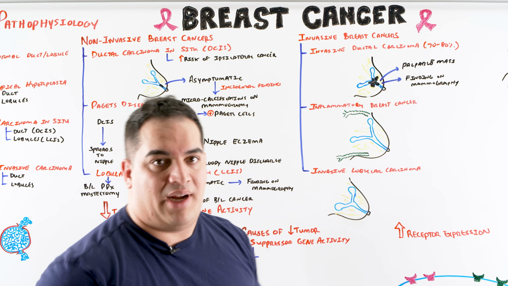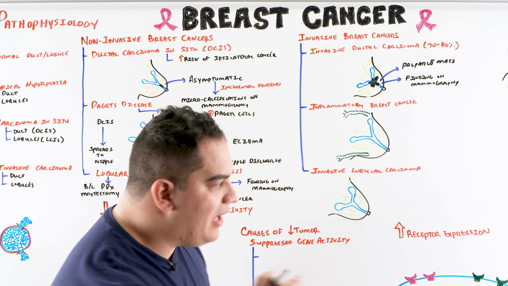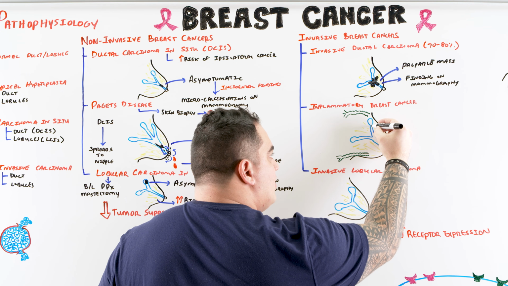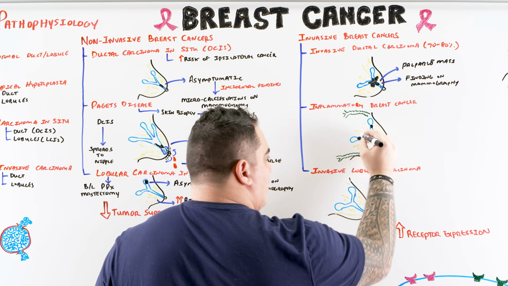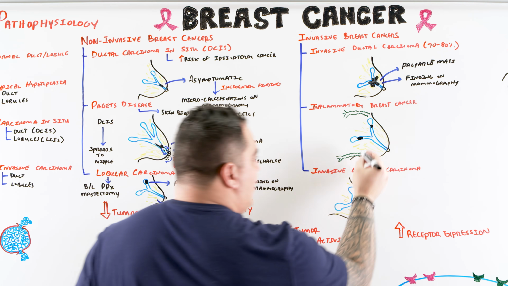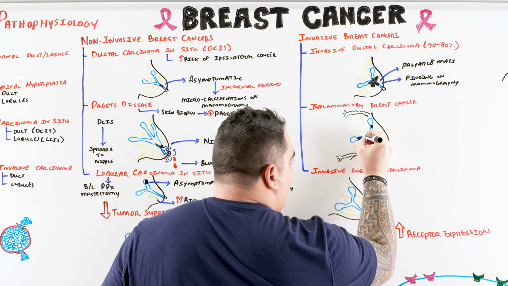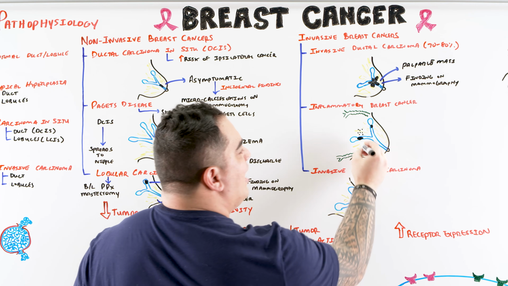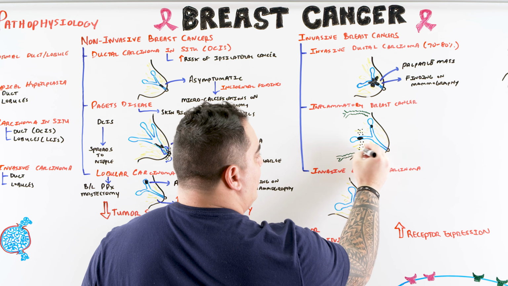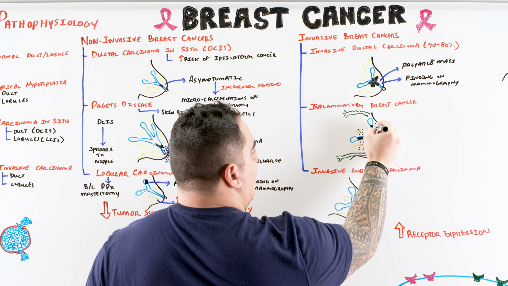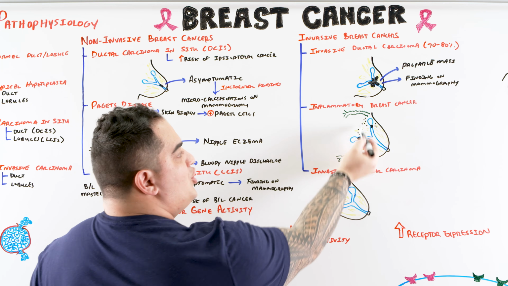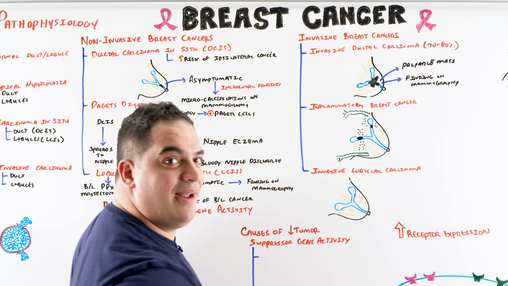What about inflammatory breast cancer? Inflammatory breast cancer is interesting. Usually at the terminal ductal lobular unit, right here, is where our cancers start. From here, here's where it's different. They break off like little tumor microemboli, let's call them. They can get out and spread, but they don't do it in chunks. They do it in little microemboli.